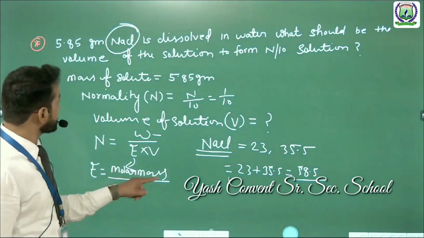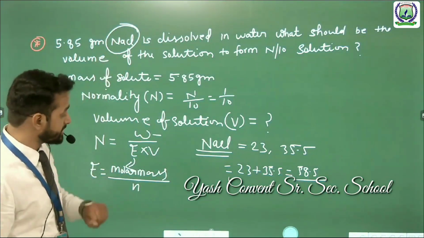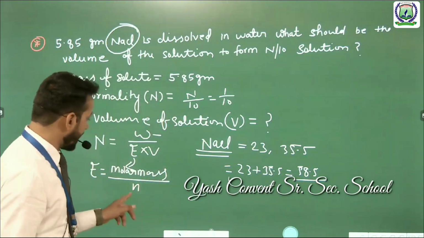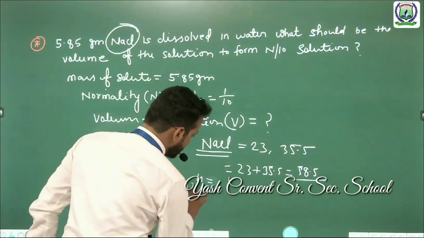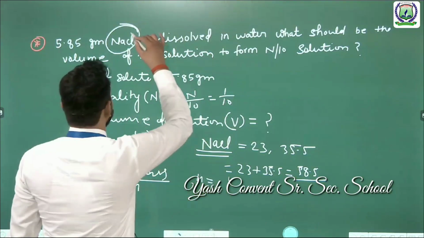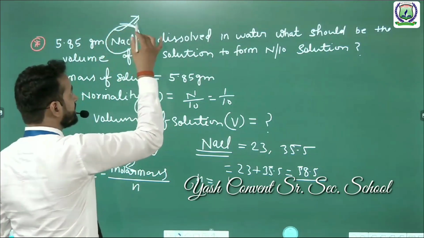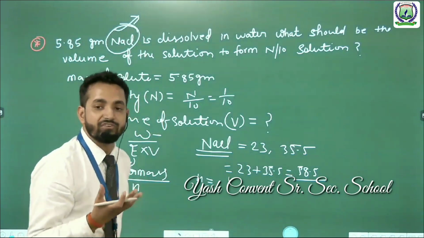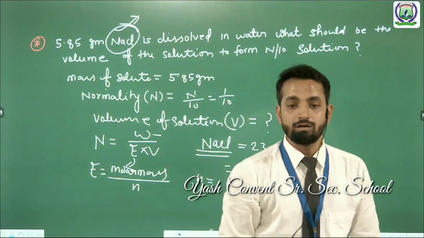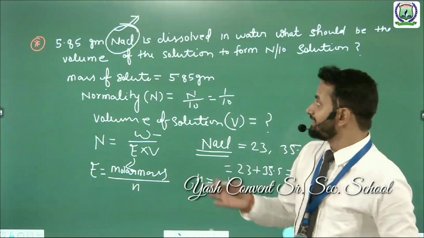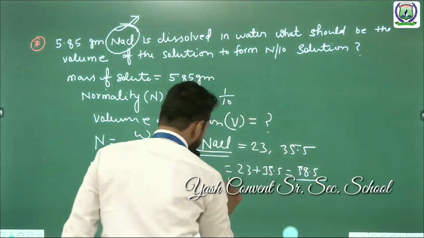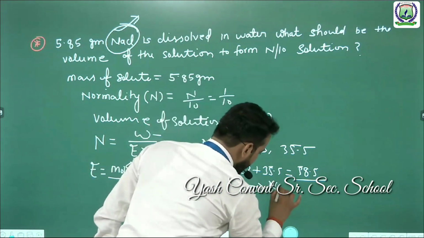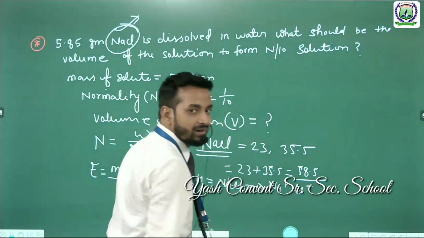Here the molar mass of solute NaCl is 58.5, and n is to be found. Here the solute NaCl is a salt, so the value of n depends upon the charge present on the cation. NaCl dissociates into Na plus and Cl minus.